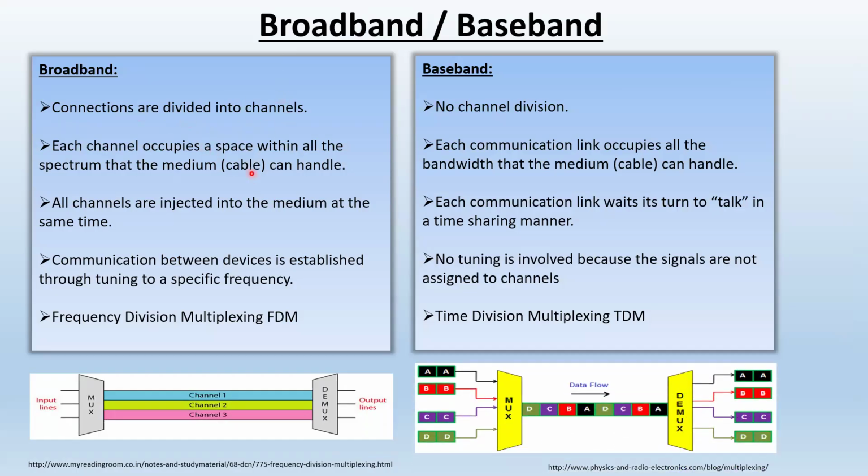So let's analyze these couple lines here. Broadband connections are divided into channels. Here, let's say it's a coaxial cable. And here the mysterious MUX or DMUX, an abbreviation for multiplexer and demultiplexer, just like encoder and decoder type of thing.